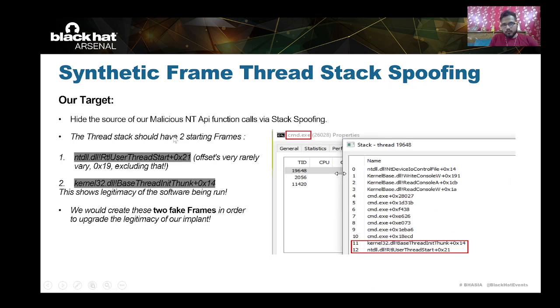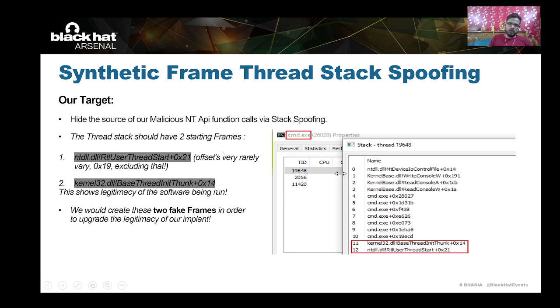So in our case, we would be using stack spoofing to hide the source of our malicious NT APIs. If we look at a legitimate process, we can see that the first two frames are kernel based. The first one is RtlUserThreadStart, and the second one is BaseThreadInitThunk.